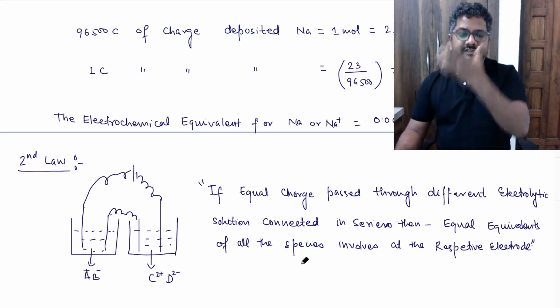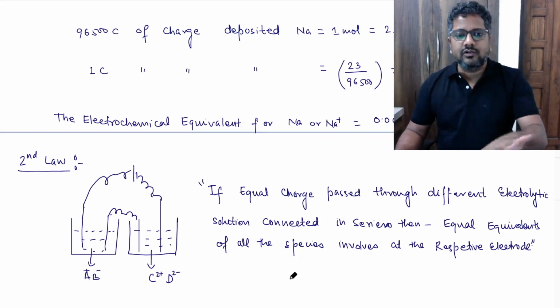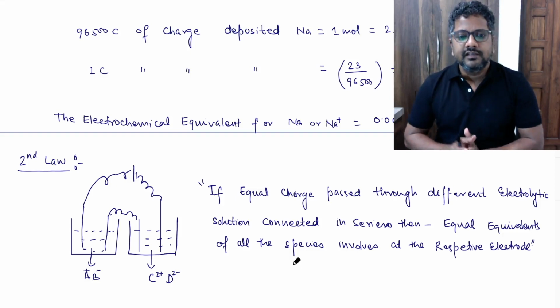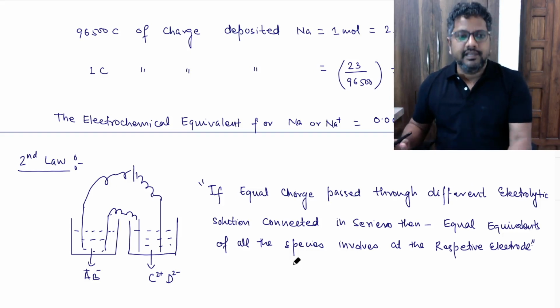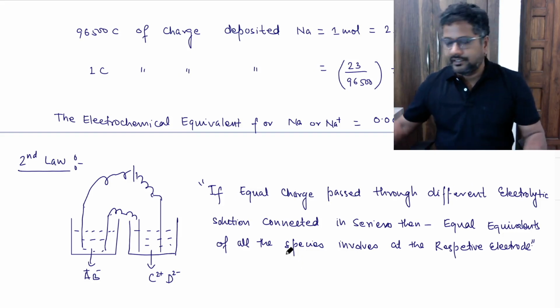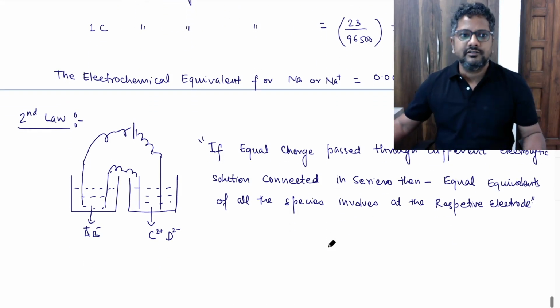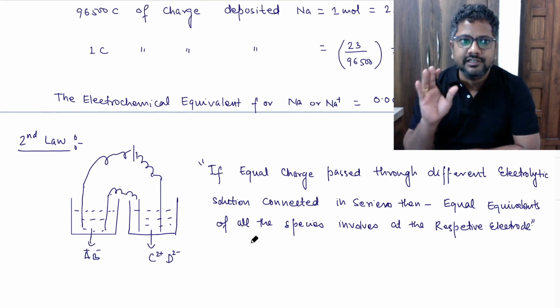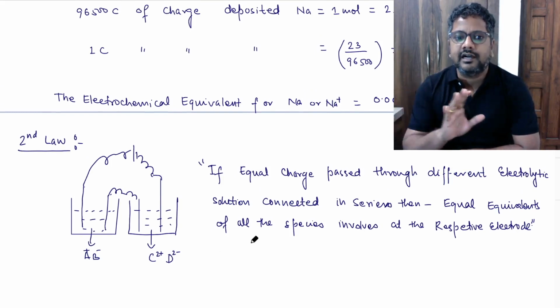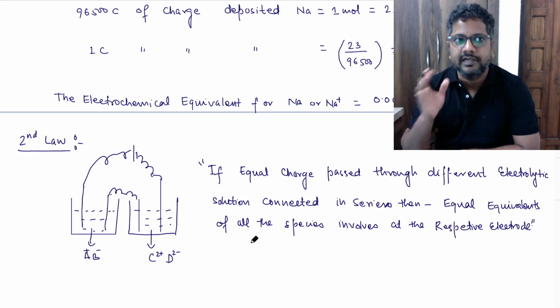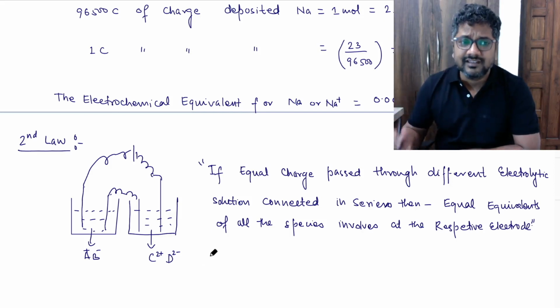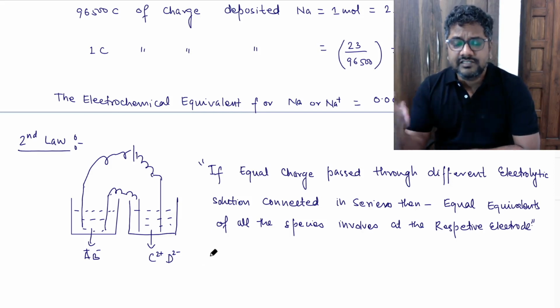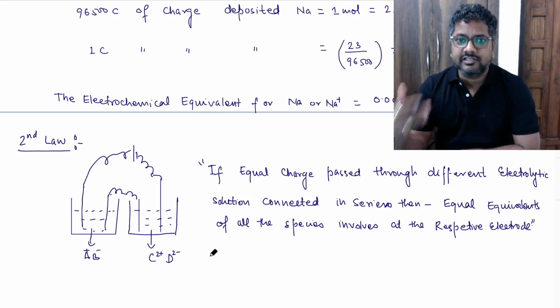And current efficiency should be 100%. Means there is no loss of energy in any other form, like heating or resistance. Nothing should be lost. So you can write that it is independent of the nature of electrolytes, right? Nature means bivalent, trivalent, whatsoever the components of the electrolyte, it is independent of that.